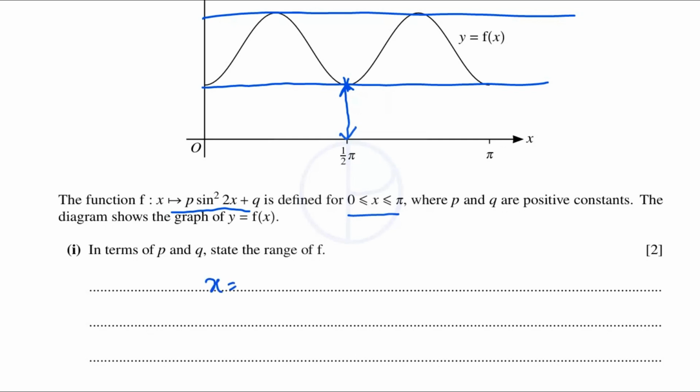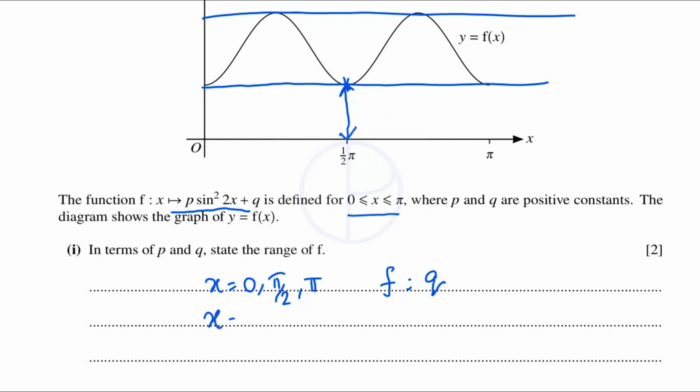So when x is 0, pi by 2 or pi, what is sine 0? Sine 0 is 0, and if you substitute pi over 2, the 2 and 1 over 2 get cancelled. Sine pi is also 0. For all these three values, the function f will be equal to q.